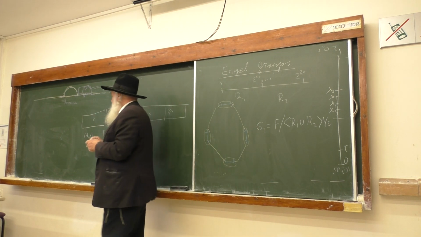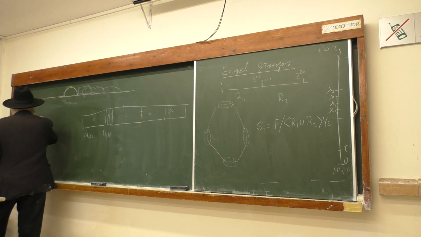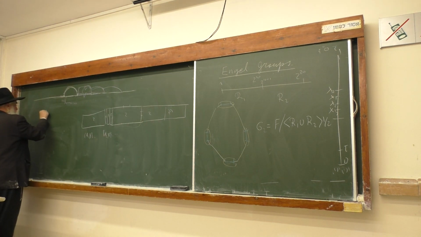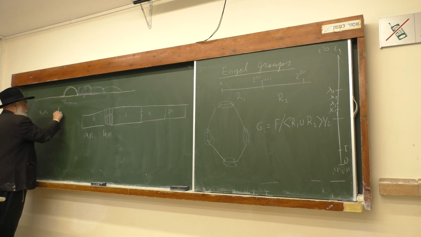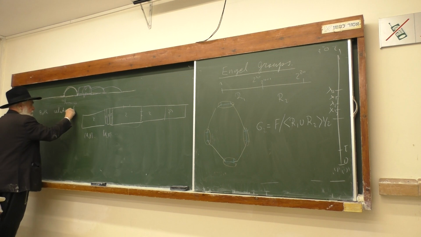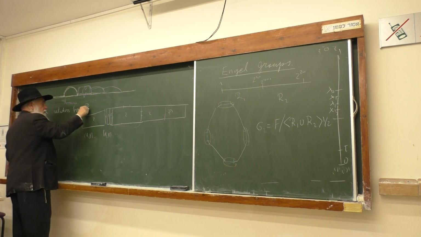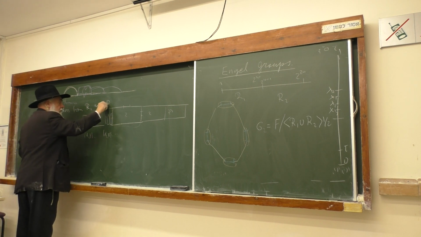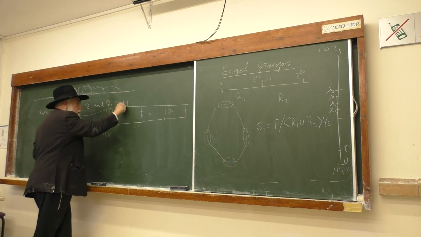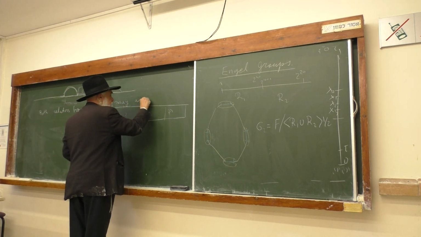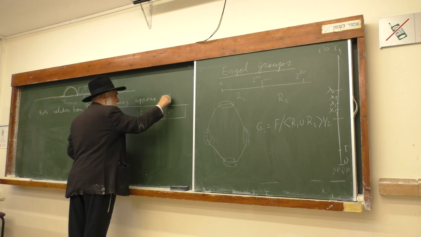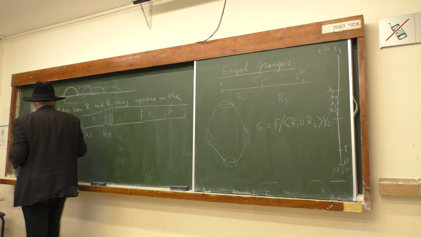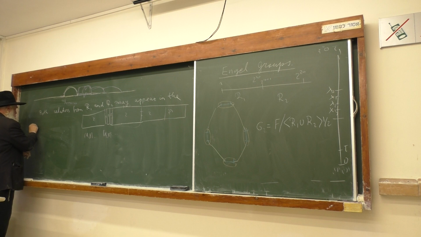So both relators from R1 and R2 may appear in the same composite flat.